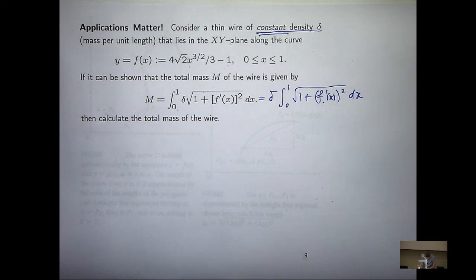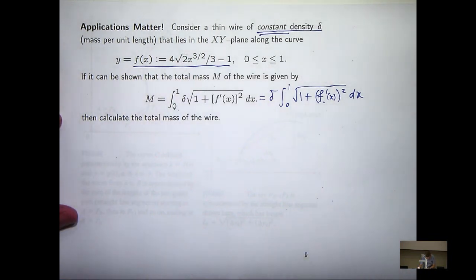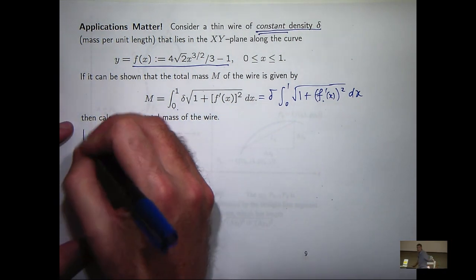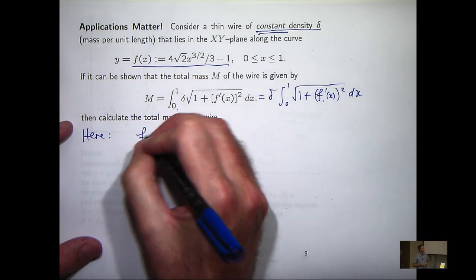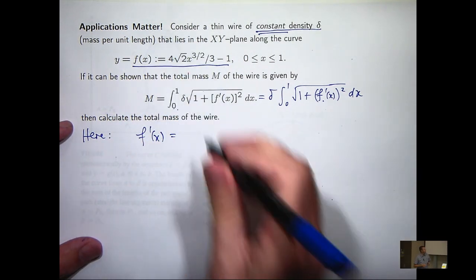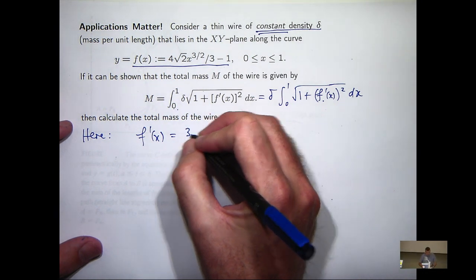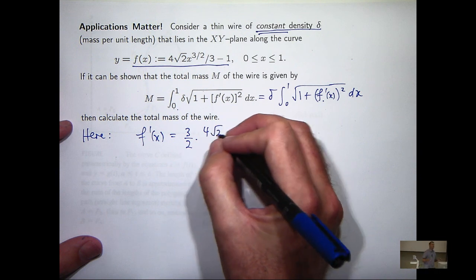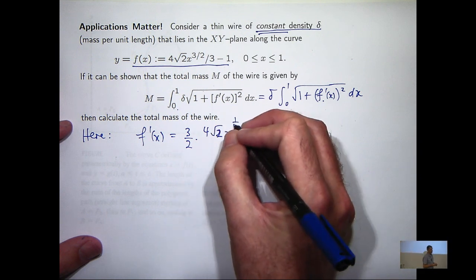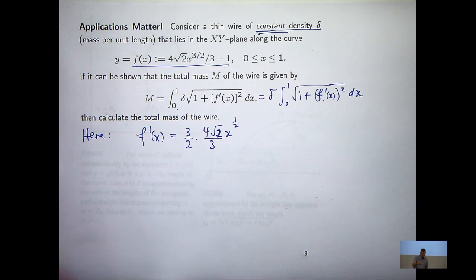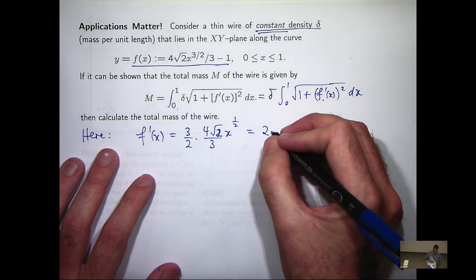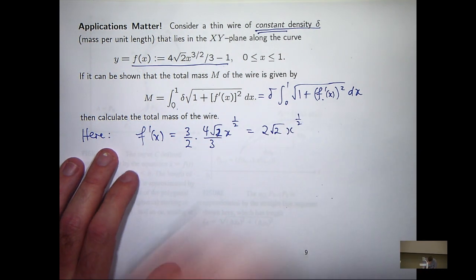So what do we need? We need to calculate the derivative. So this is our f of x. Let's calculate the derivative. We're going to get something like this, which we can clean up a little bit just by cancelling off.